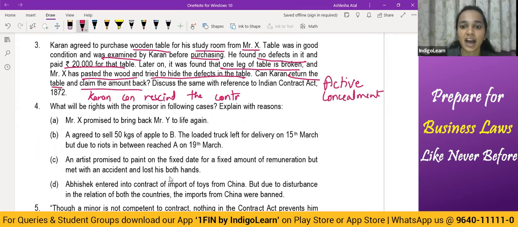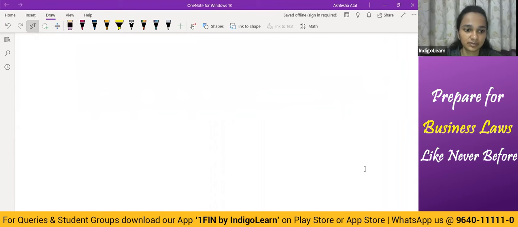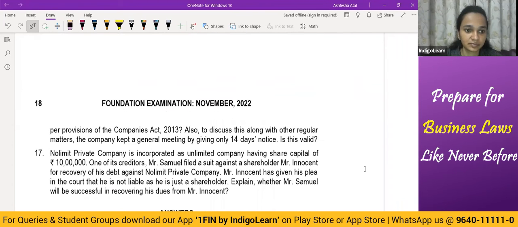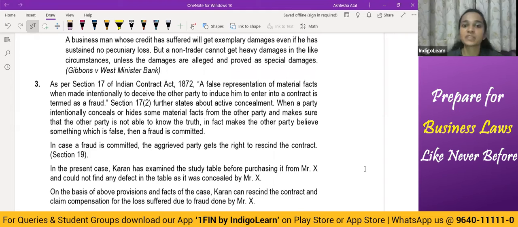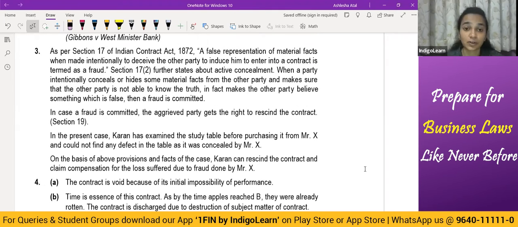So let's now have a look at the answer to this particular question. As per Section 17, which talks of fraud, a false representation of material facts when made intentionally to deceive the other party to induce him to enter into a contract is termed as fraud.